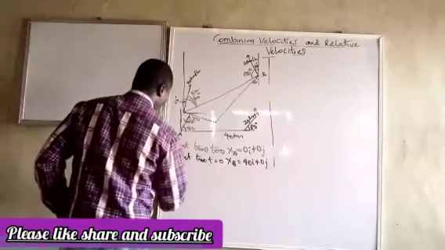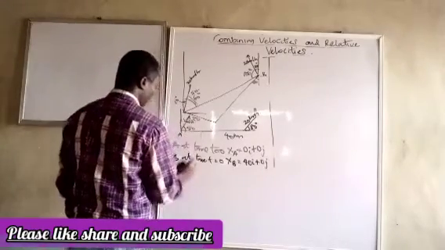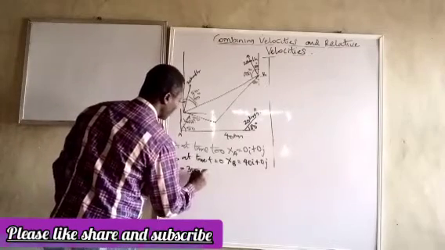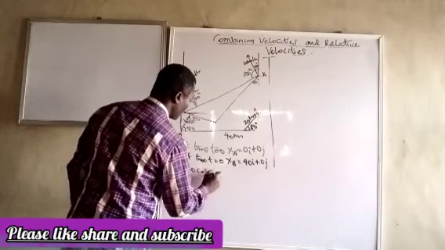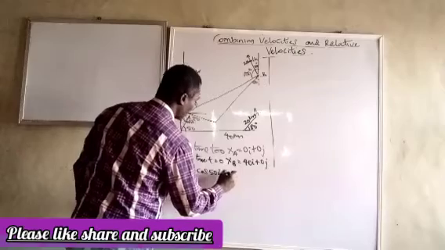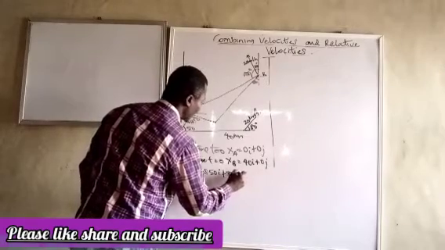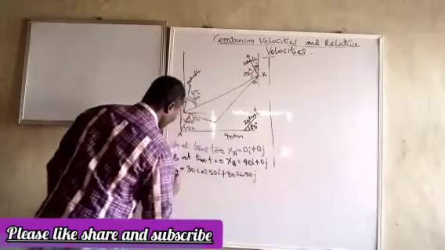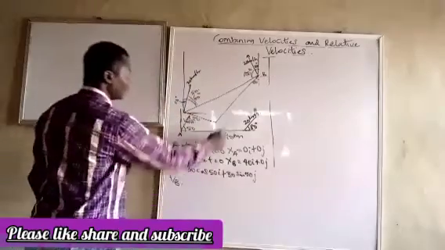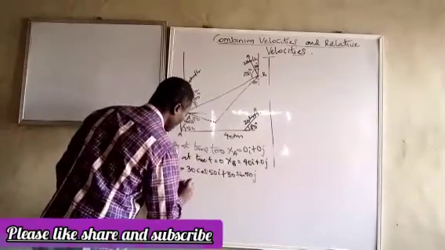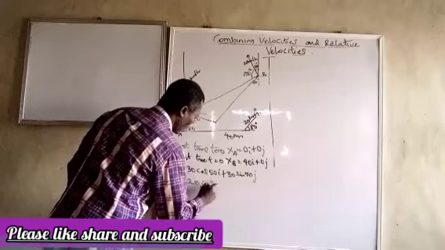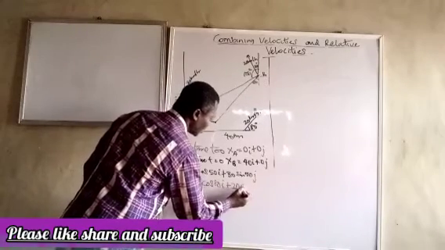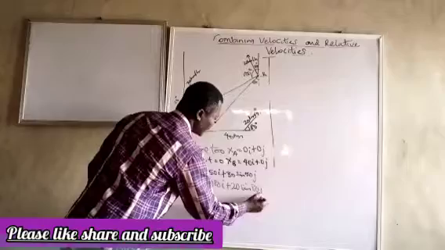Velocity of A, it has constant velocity, is 30 cos 50 i plus 30 sine 50 j. Velocity of B is 20 cos 80 i plus 20 sine 80 j.